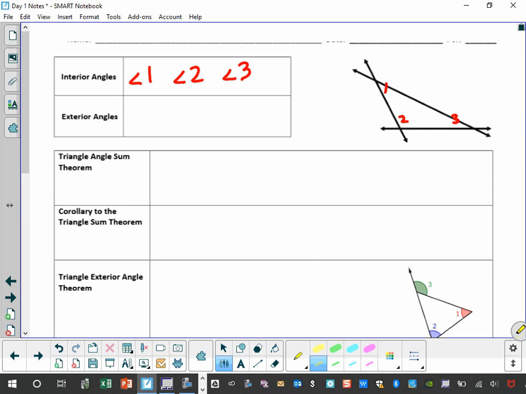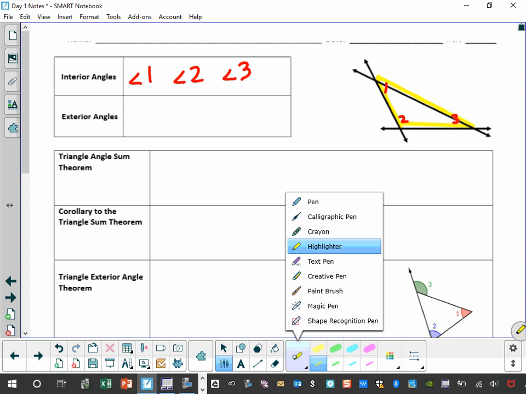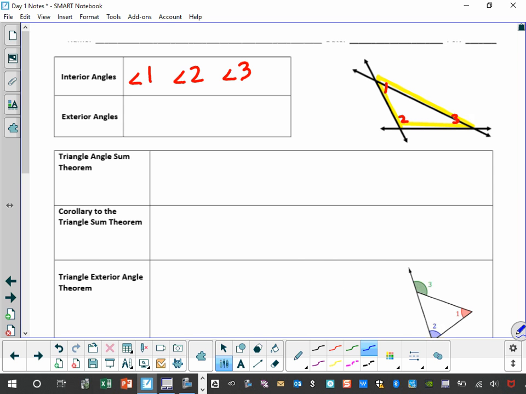We're looking at this triangle right here. Those numbers are inside, so they are interior. We're not going to really do the exterior angles for this one because it's kind of tricky, and we're going to get there eventually.